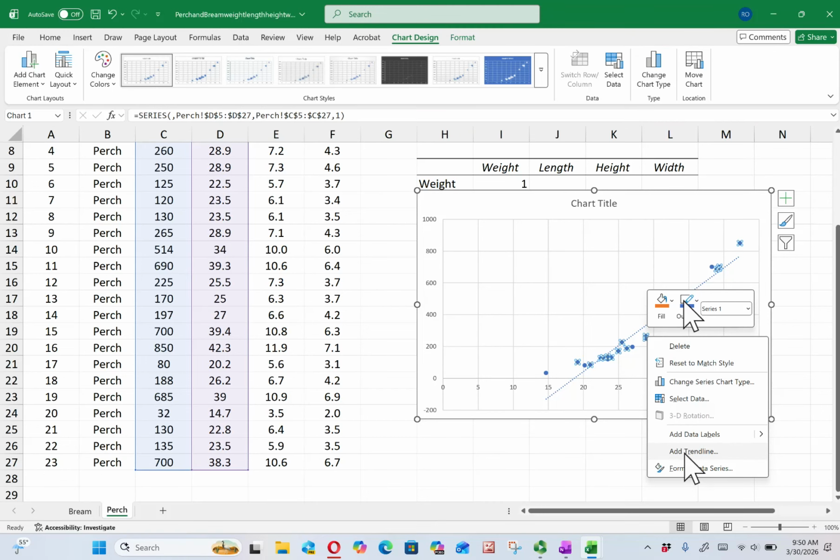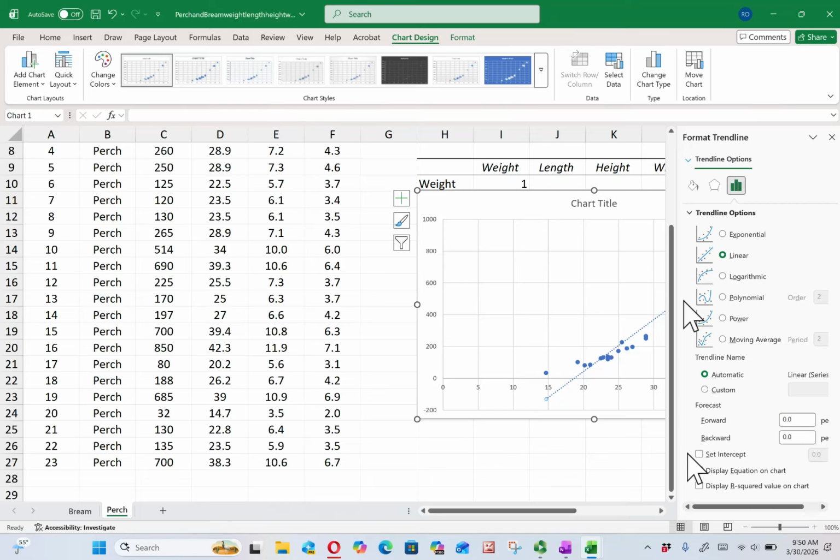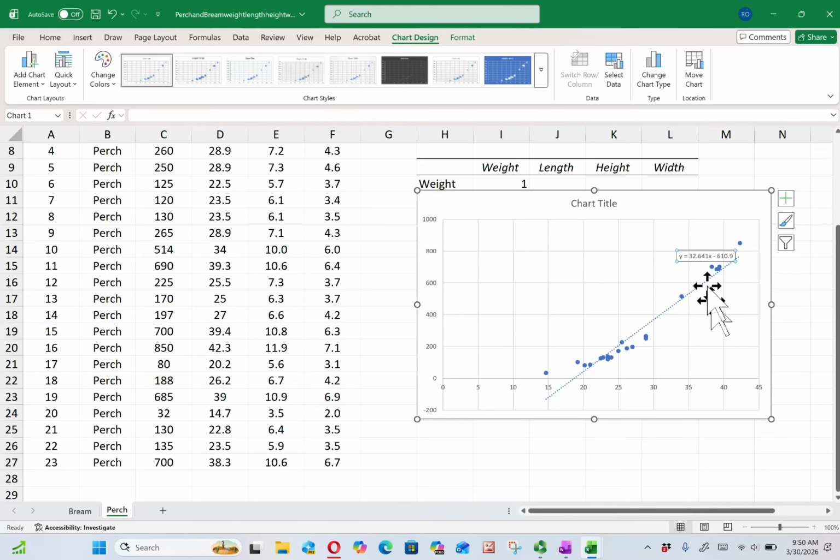And you may have to click a couple of times. Add Trend Line. Look at the bottom of this list, down in this part. And right there it says Display Equation on Chart. And when I do that and close it, there is the line that predicts weight from length.